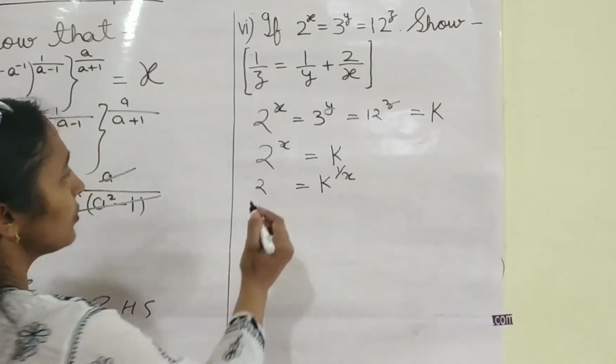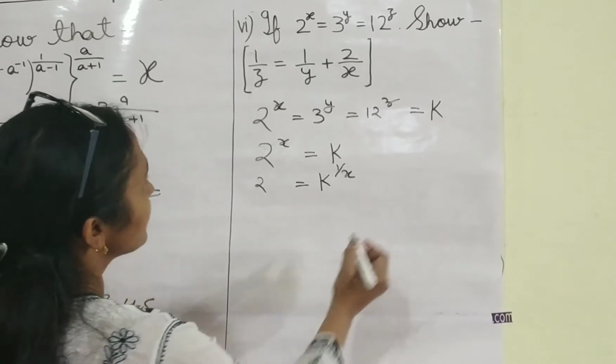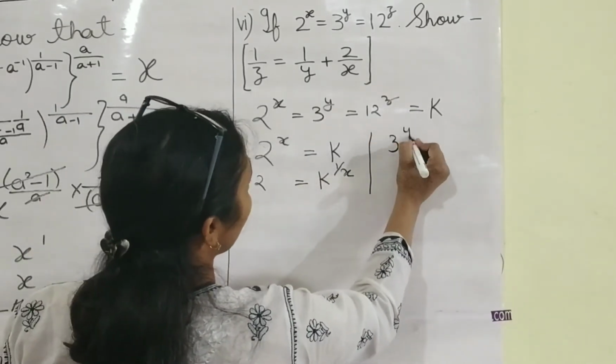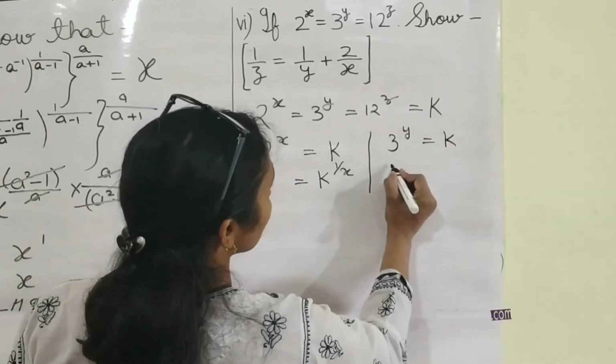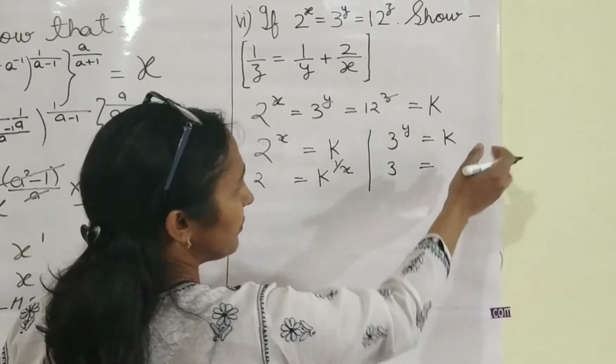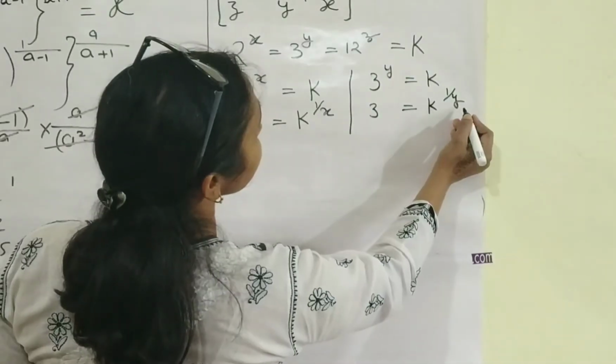So now k power 1 upon x equals 2. Same thing we will solve with 3 power y equals k. So 3 power 1 equals, now dividing both sides by y, k power 1 upon y.